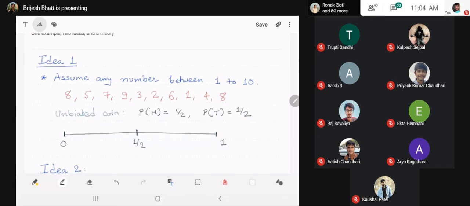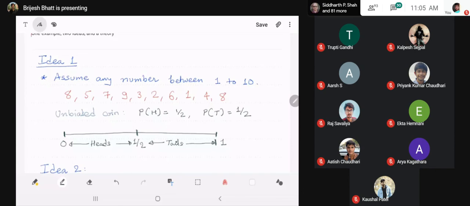So now I will project this number to this stick. So what I'm saying is this region is the region of head. And this is the region of tails. But let me multiply by 10, 5 also.